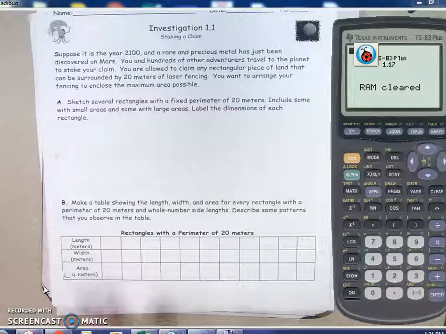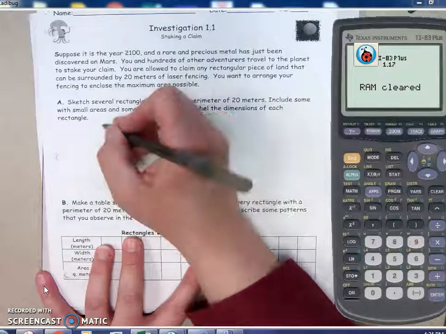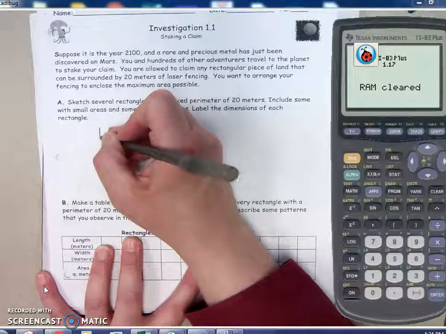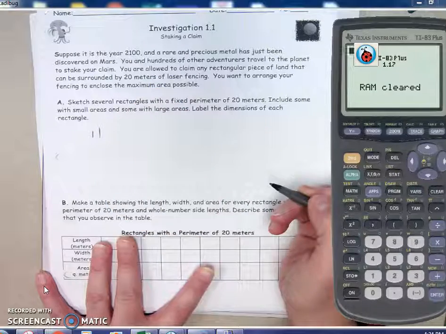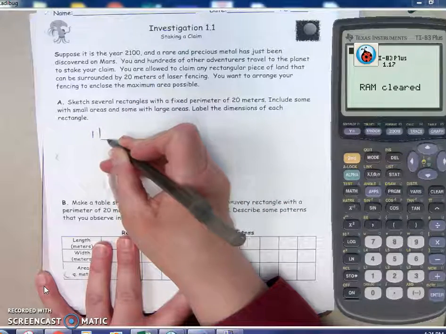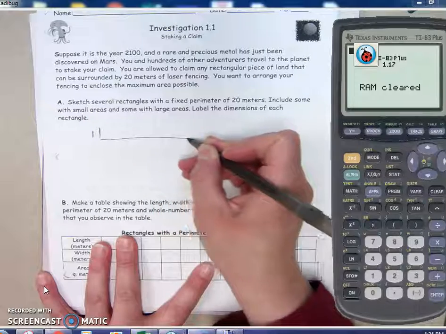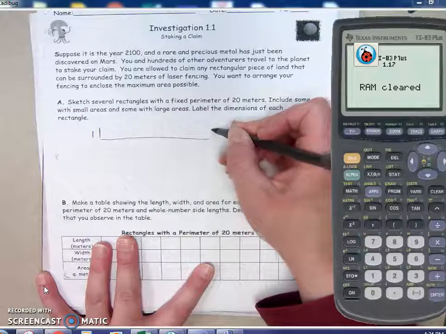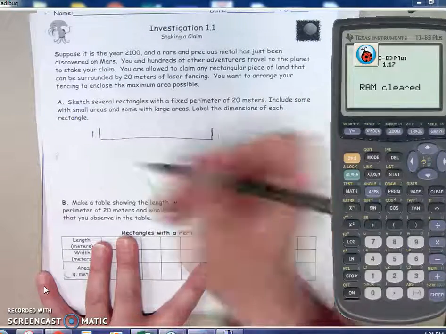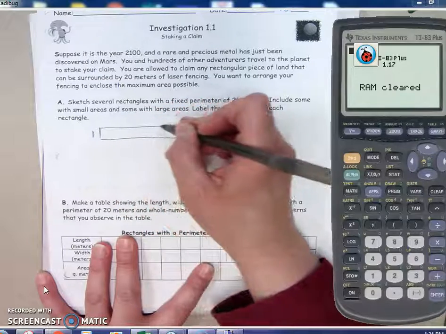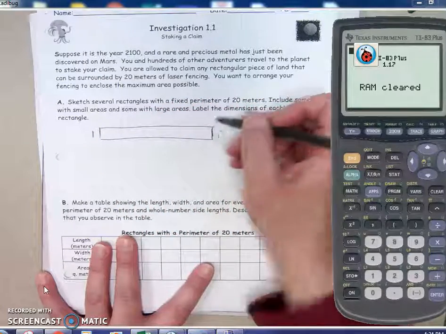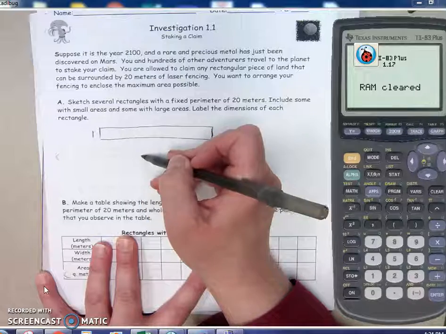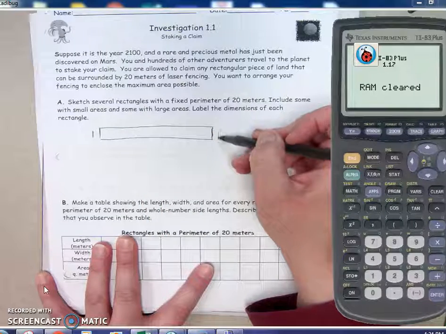If I start with something simple, like if this side was 1, then how long would this side have to be so that this would also be 1 over here? And then this one up here would be the same. So I think 1 plus something plus 1 plus something else equals 20.